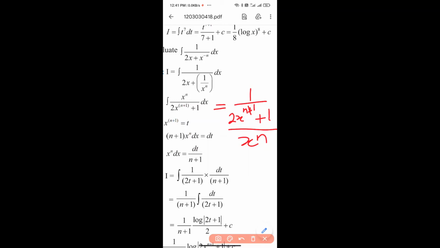So this is the next step that you have to write in the blank space so that you can understand this step easily. And after this gets reciprocal over here, and then we get this step. So there are two steps in between that they haven't written, but you should write them so that you can understand it easily.